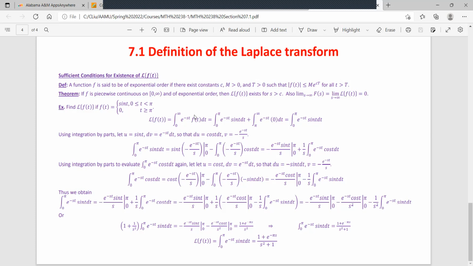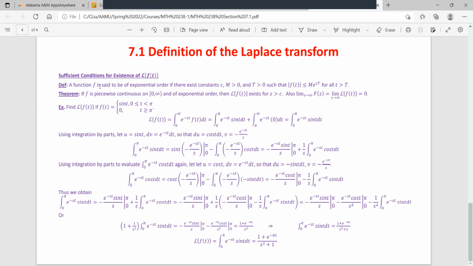That's how you do improper integrals. So this is just a limit, in other words, and the limit can either exist or not exist. So we want to know when the limit exists. When does the Laplace transform even exist?